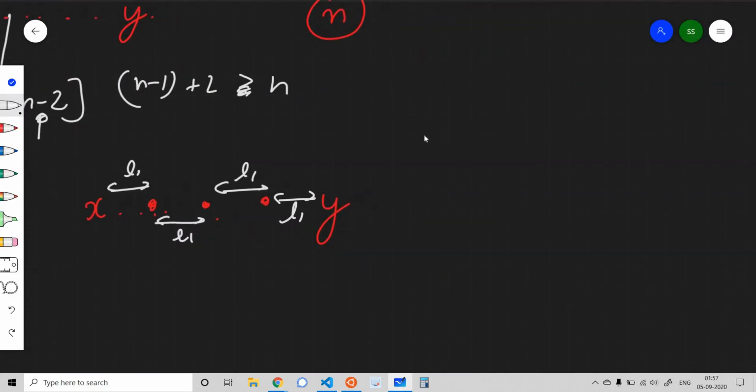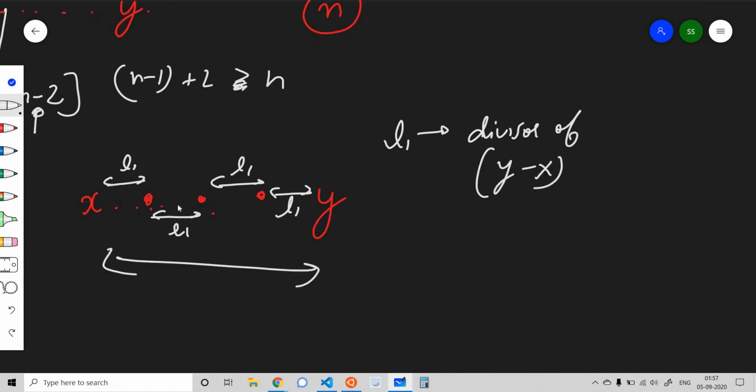It also means L1 should be a divisor of y minus x, that is the total gap between y and x.